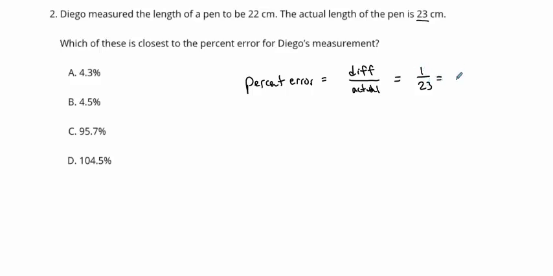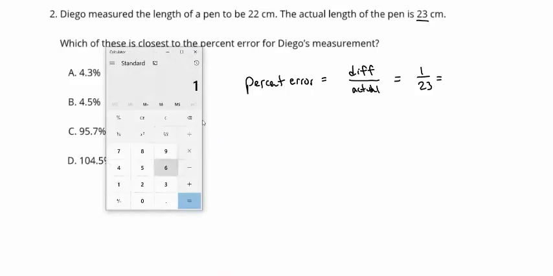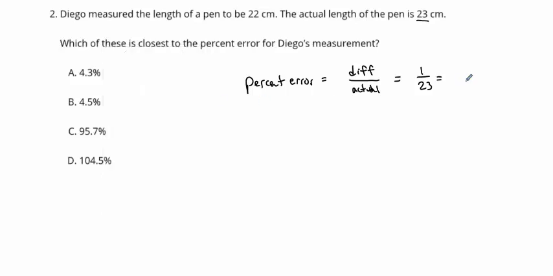So if we change that to a decimal and then change it to a percent, 1 divided by 23 is 0.043, and we change that to a percent by multiplying times 100, and that moves the decimal place over twice to 4.3%. And we can see that is A.